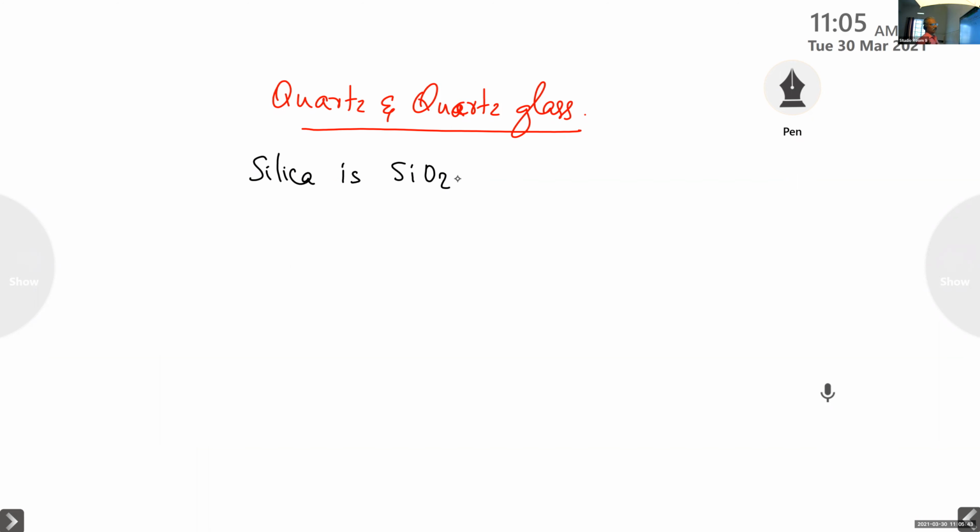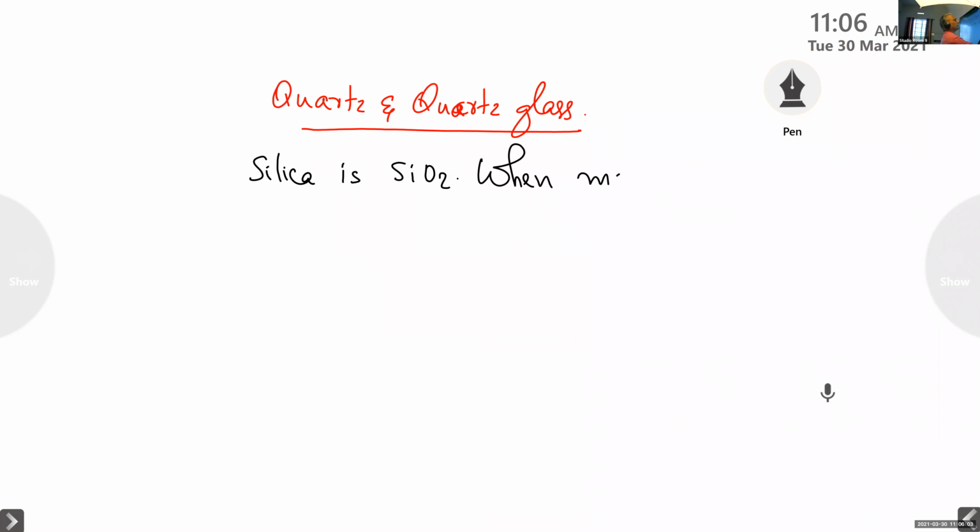That is our sand, or even pebbles. That is silica, quartz. So silica is silicon dioxide, sand is silica, SiO2. Okay, first up.